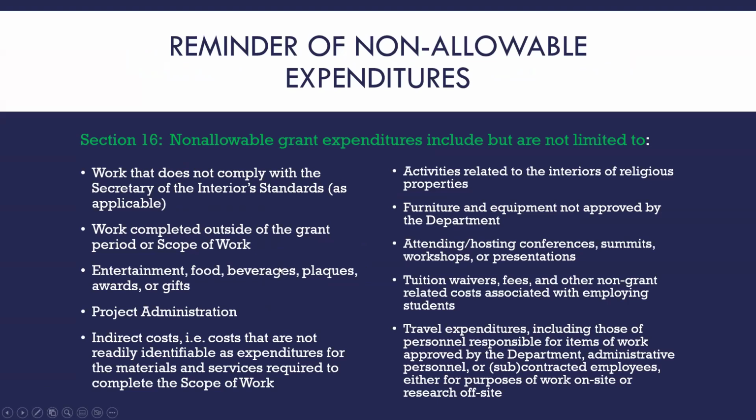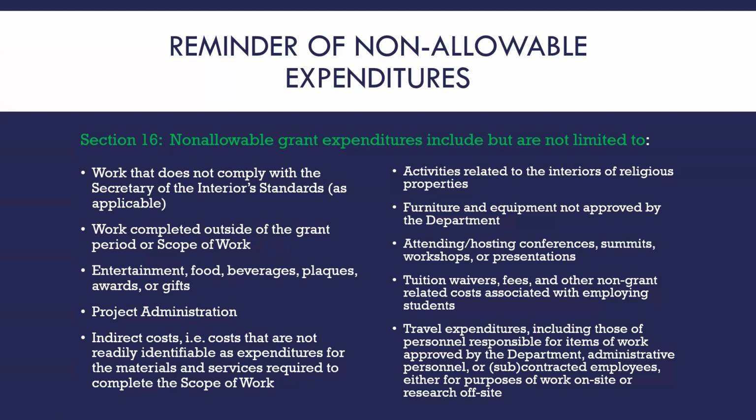So this is just a reminder about non-allowable expenditures. They're also in the guidelines, which I will resend a copy of because I'm certain that it's been a very long time since you thought of those guidelines. If the work does not comply with Secretary of Interior standards, if that is applicable, if you completed work outside of the grant period, remember, grant period starts July 1st of 2024.